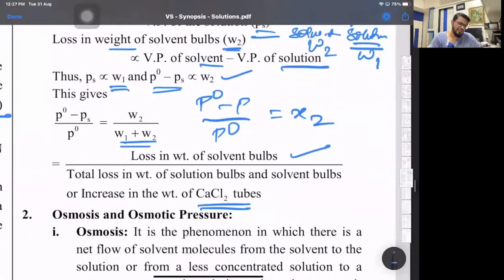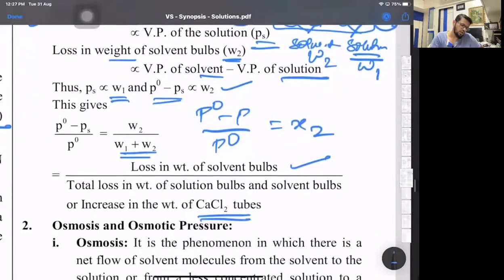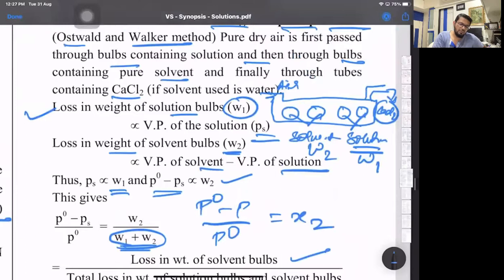Whatever is the increase in the calcium chloride tube will be nothing but the loss in weight of the pure solvent, W2, as well as the solution, W1. Whatever vapors have been given out will be absorbed by the air, and that is condensed in the calcium chloride tube. So the increase in the calcium chloride tube is basically the vapors coming from the pure solvent as well as from the solution.